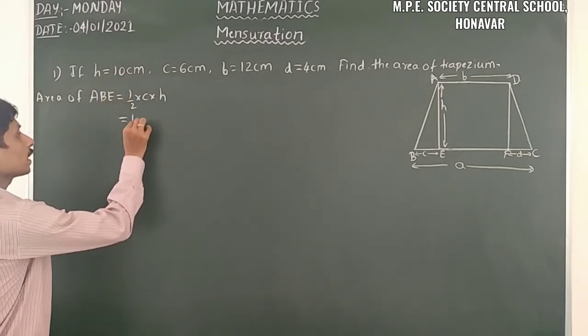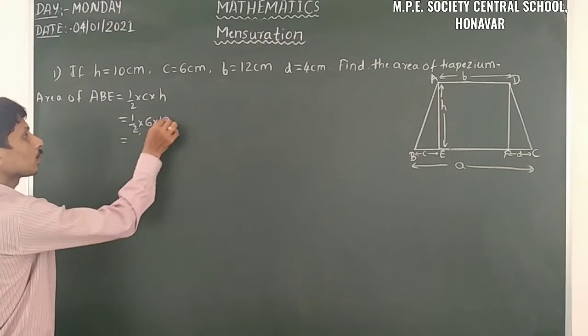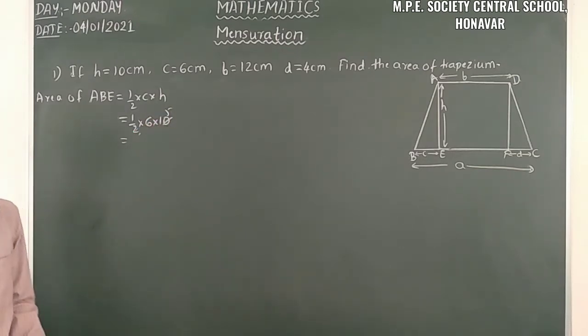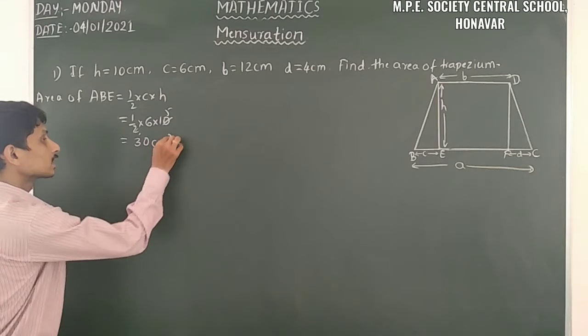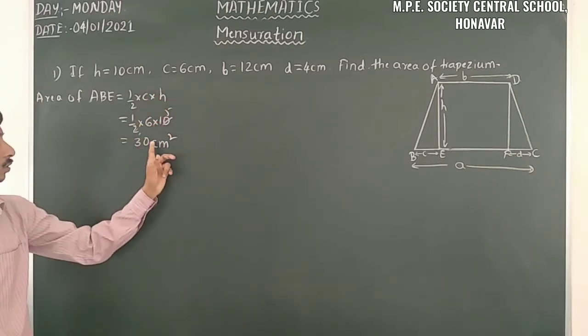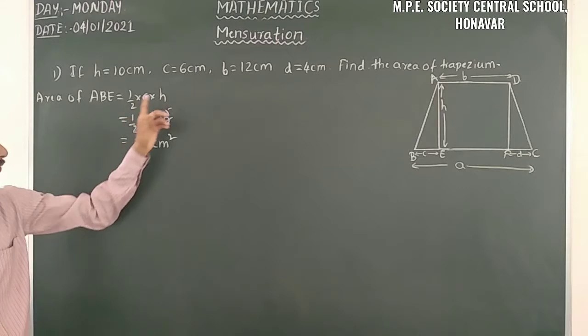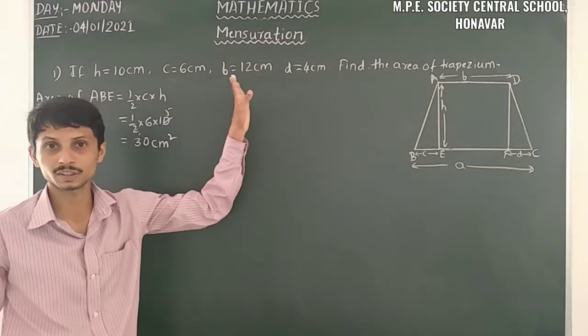That is 1 by 2 into 6 into 10, which is 6 into 5, 30 centimeter square. Both are in centimeter, so you write centimeter square. If any one is in meter, you have to convert first.